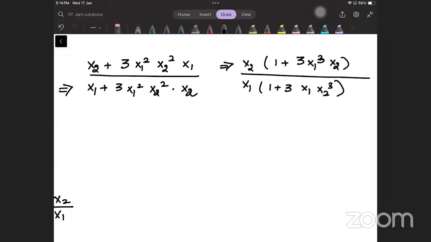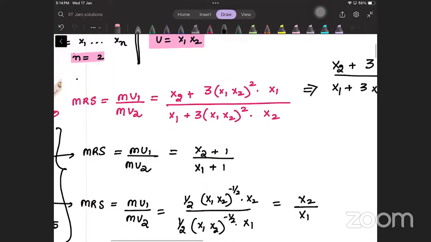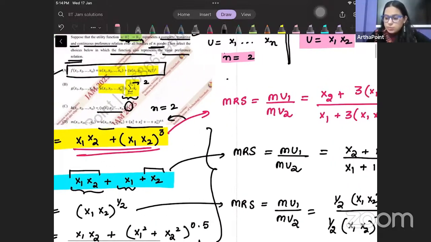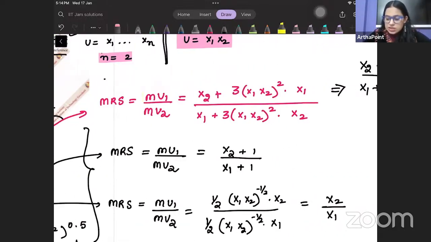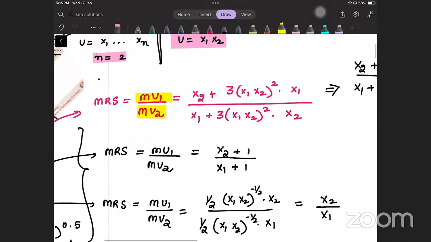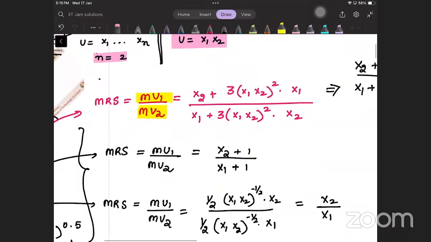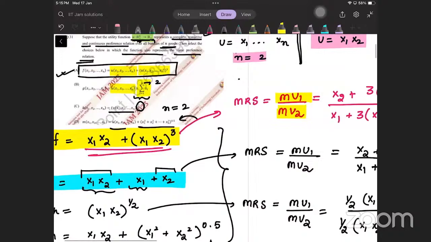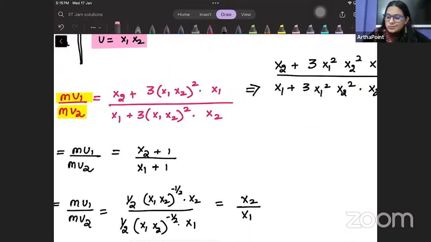Ma'am, in the first part, we are differentiating with x1 now. We are differentiating with respect to x1 here, yes. And with respect to x2, so here, 3 to the power x1, x2 whole square into x2 it would be, no? Yeah, sorry, my bad. This will be x2. You're right.